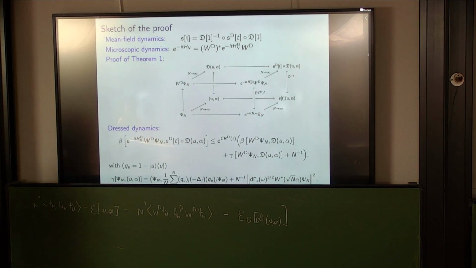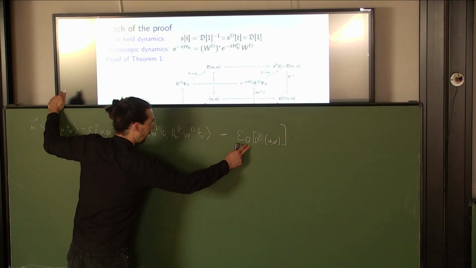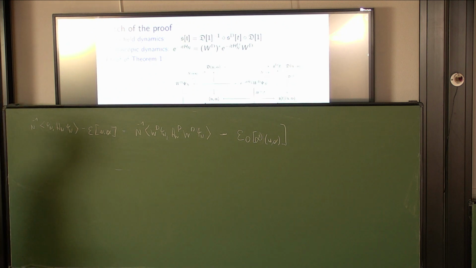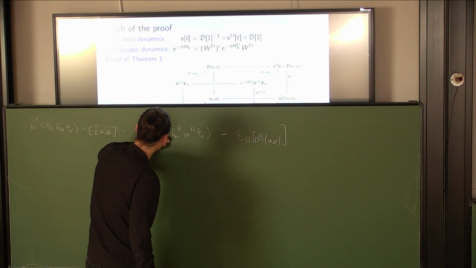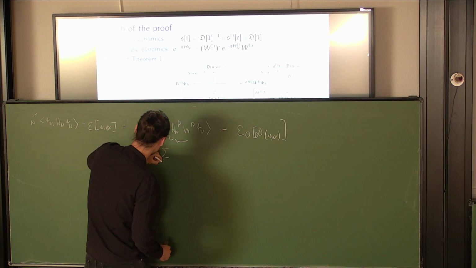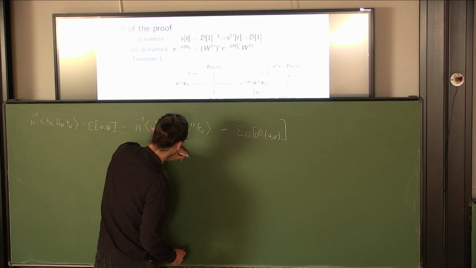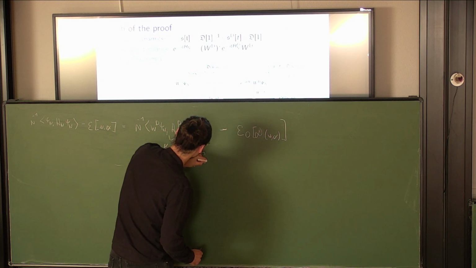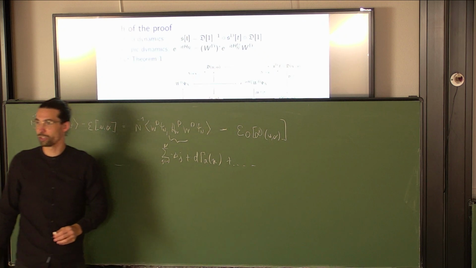So basically, one can dress the state and look at the energy functional of the dressed evolution, and this is this. And what is then done is, in this energy estimate of Knowles and Pickl, here appears the kinetic energy plus the field energy plus the interaction.